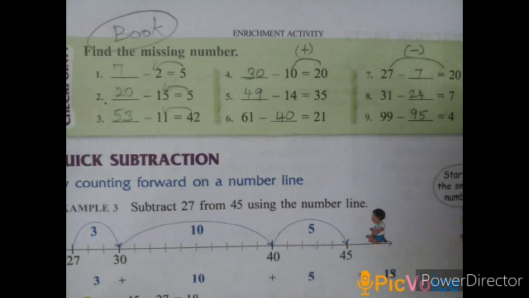Next one, seventh one also smaller number is missing. So we need to do the subtraction, the bigger number with the difference. 27 minus 20, 7. 31 minus 7, 24. 99 minus 4, 95. That's it, children.